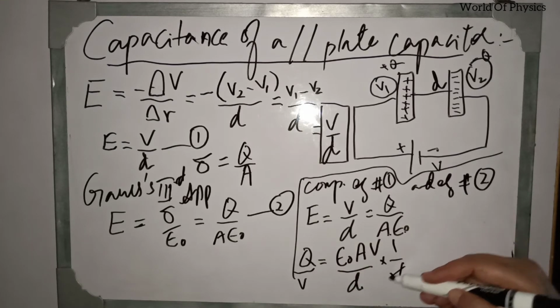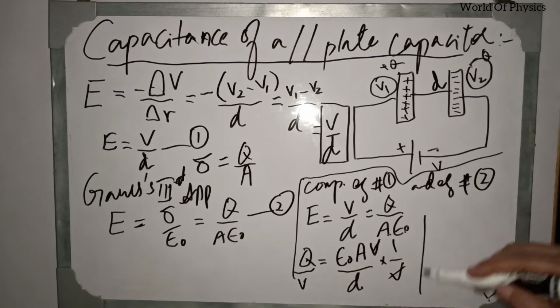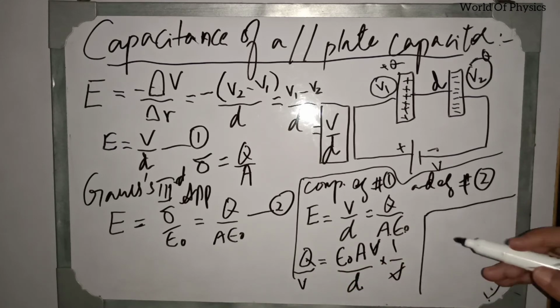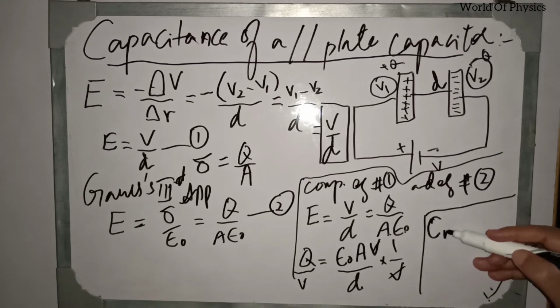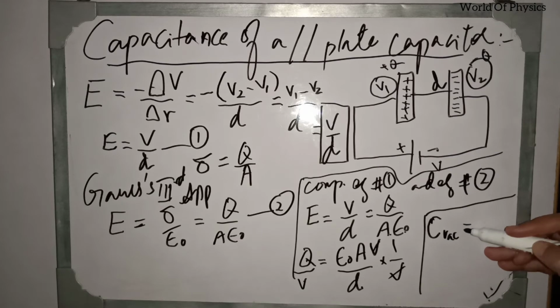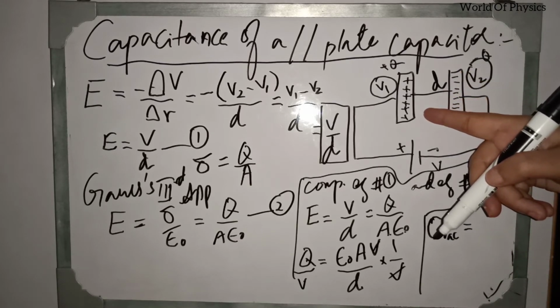this V will be cancelled, and this Q over V is equal to capacitance C in vacuum, because we have not used any medium over here, we have used vacuum or air.